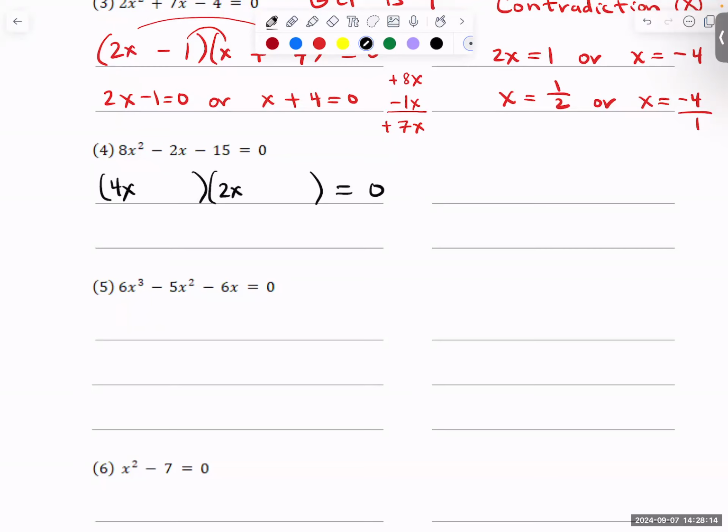And then factoring 15, let's try either 3 times 5 or 5 times 3. Now, the middle coefficient -2 is kind of small, so using 3 then 5 may not work because 4 times 5 is 20, and that's not too close to -2. So let's switch the order.